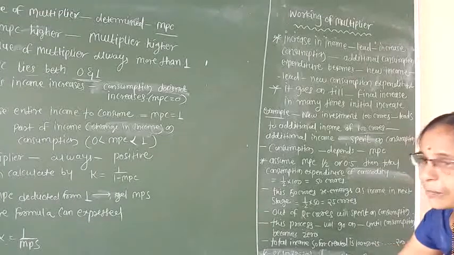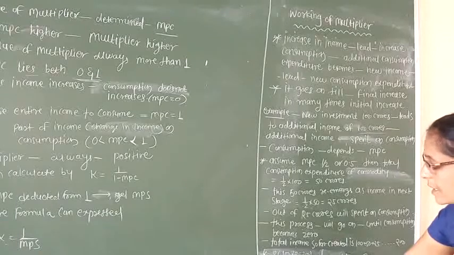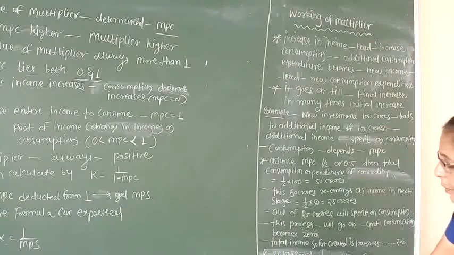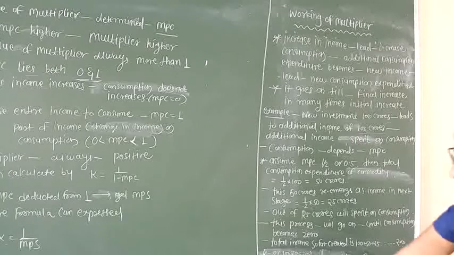So the multiplier is 2, means 100 crore into 2 is equal to 200. The multiplier is equal to 1 divided by 1 upon 2, which is 1 into 2 divided by 1 into 1, equal to 2 divided by 1, which is 2. So the multiplier is 2. In this way, the multiplier works in our economy.